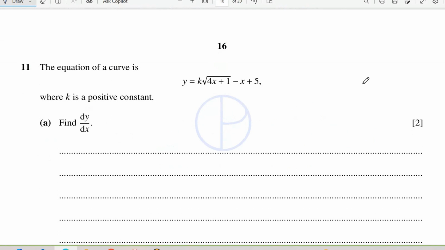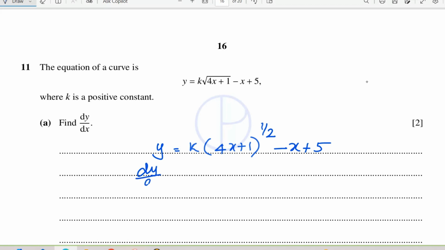The next question is find dy by dx. Before that, let's write y equal to k multiplied by 4x plus 1 the whole power 1 over 2 minus x plus 5.